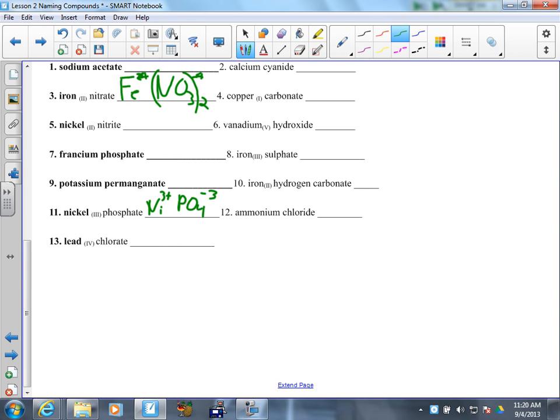If this is 3+ and this is 3-, does this already add up to 0? If I swap and drop, I can have 3 and 3, but I'd just reduce it to 1 and 1 anyway, wouldn't I? So I simply go NiPO4, and I'm finished. The goal here is always to make our compounds equal out to 0. That one already did, so we didn't have to do anything else. Any others?